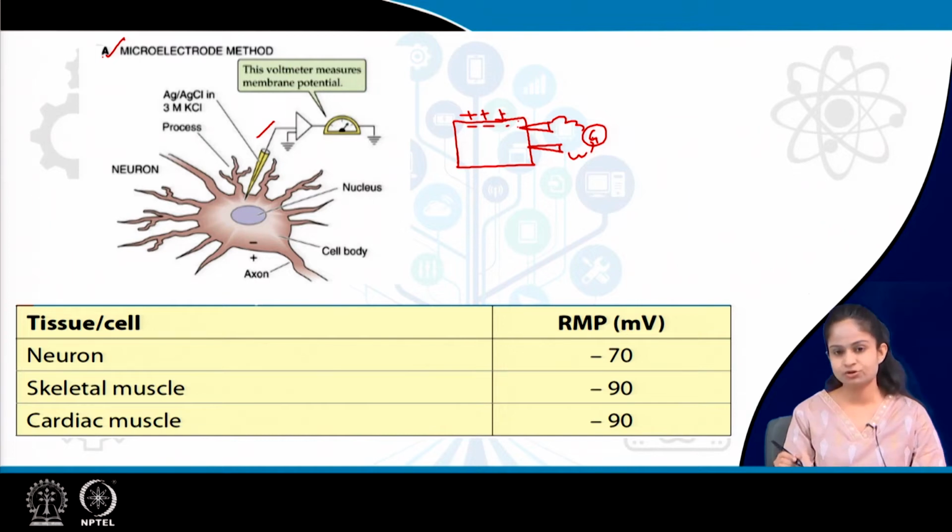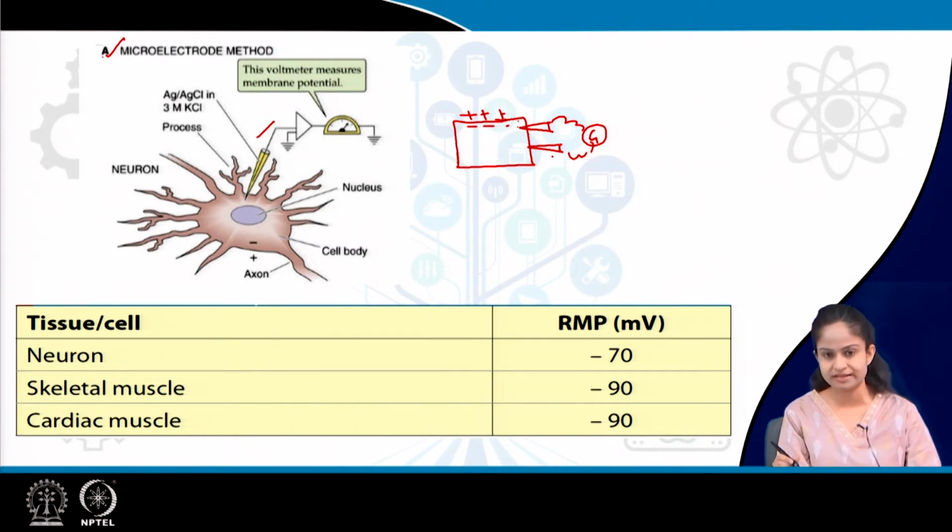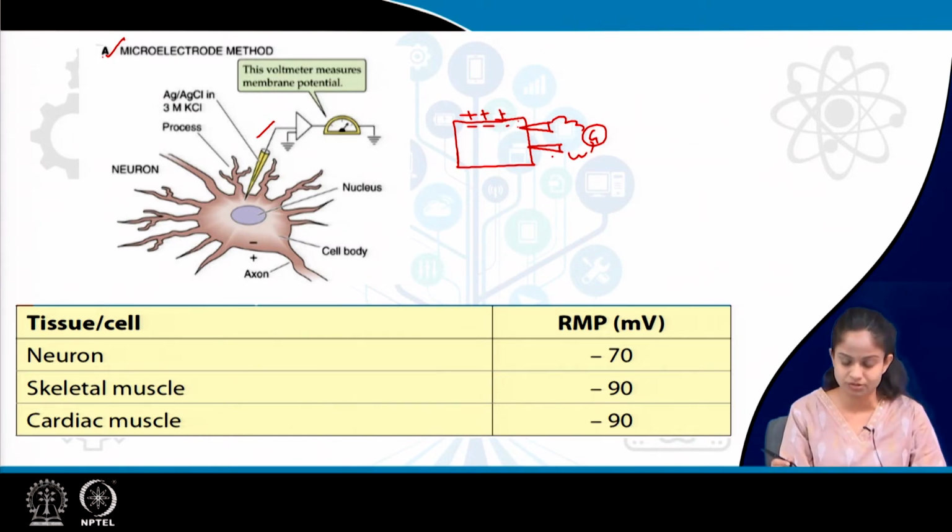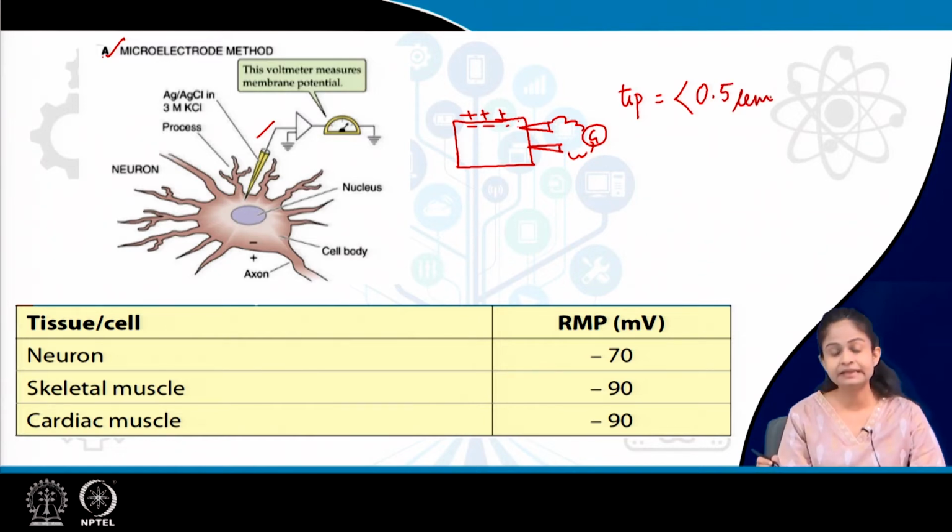Now usually the most important question that comes up is the microelectrode diameter. What is the microelectrode tip diameter? As the name suggests, the tip will be very fine, because we want to just pierce the cell membrane, not go into the center, because the center is anyway neutral. So the diameter of the tip of the microelectrode should be less than 0.5 micrometer, and these microelectrodes are made up of glass.